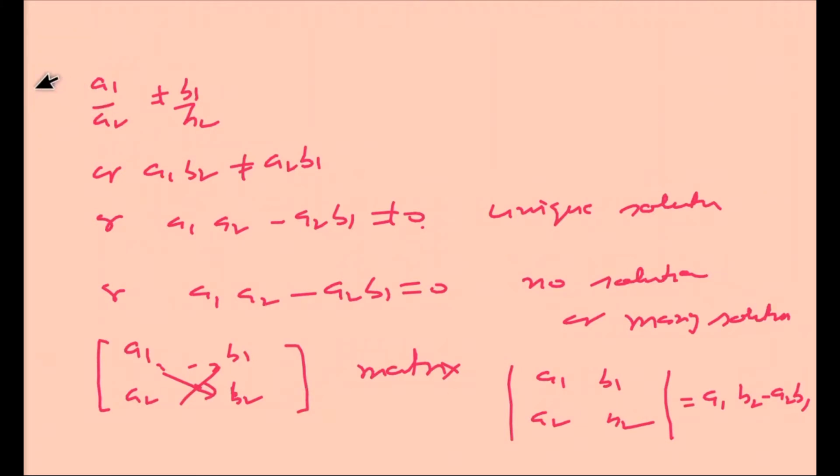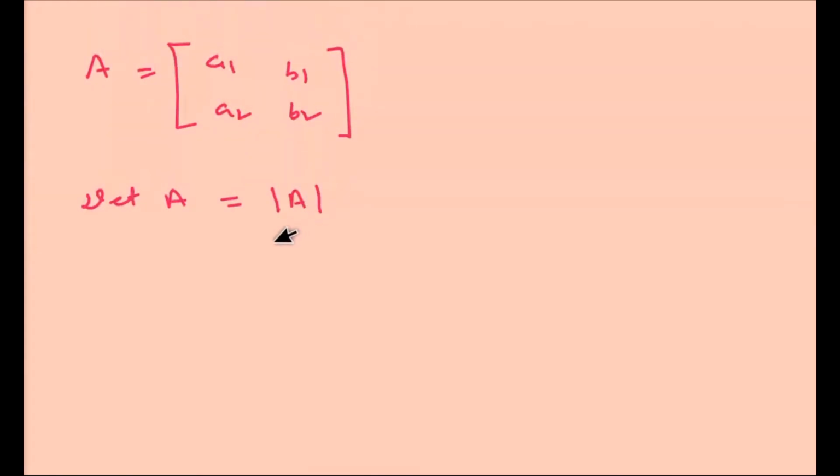Now let A be the matrix here. You already know the matrix now. A1, B1, A2, B2. Then determinant of A, do not read this as mod. It is not the modulus of A. Never read it as modulus. It is the determinant of A if A is a matrix.